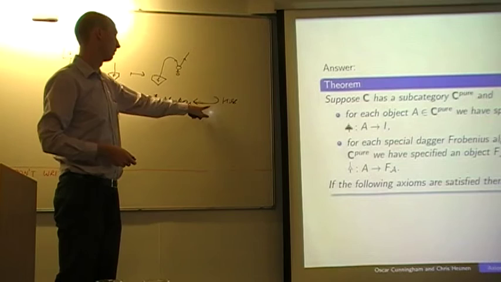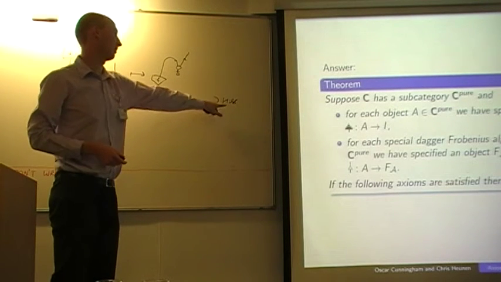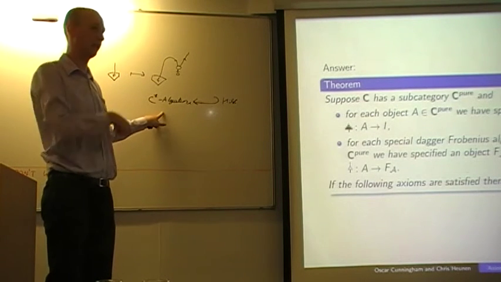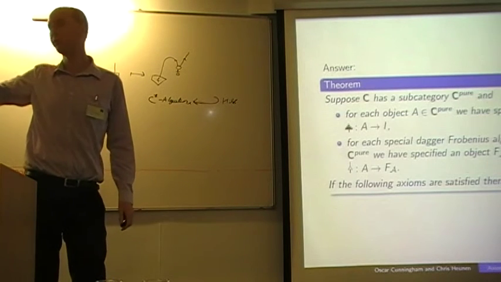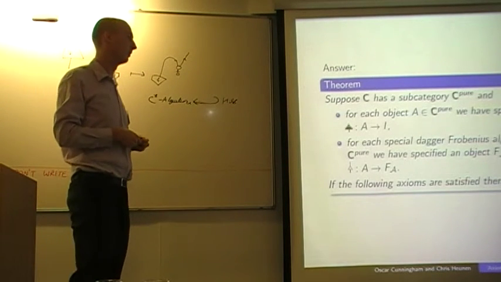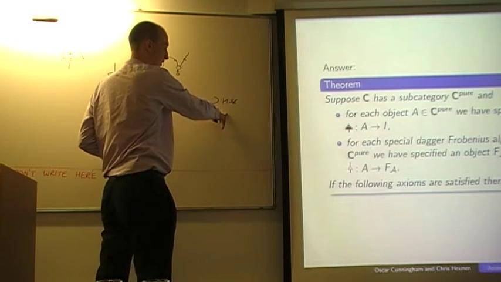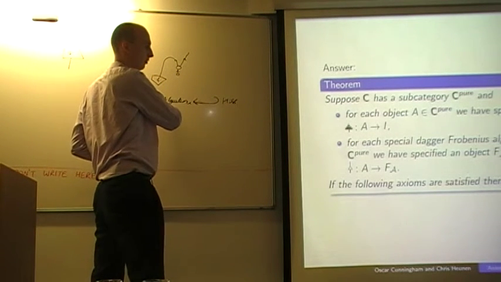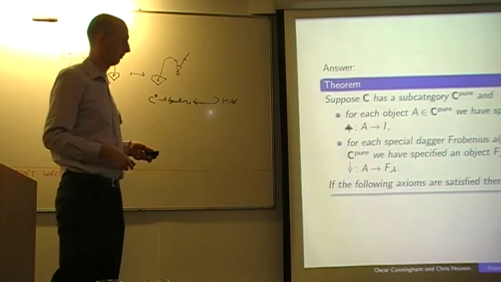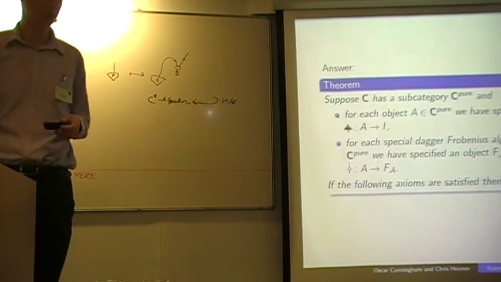So this map takes something to the pair of pants algebra, and then this F takes the special Frobenius things in here to their corresponding C star algebra.